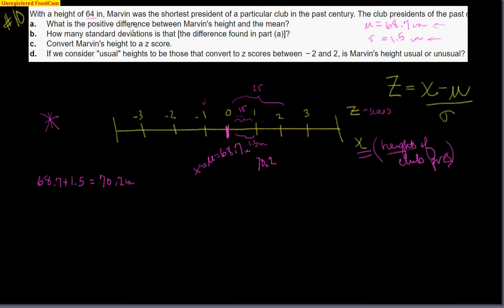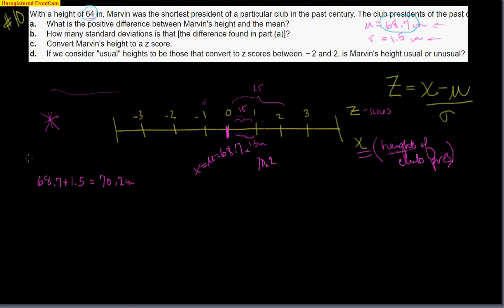Okay, so this question is now specifically asking about Marvin. So I'm going to change my color for Marvin here. And the question is, what is the difference between Marvin's height and the mean? Well, Marvin's height is 64 and the mean is 68.7. So what is the difference? Well, you know to do that.